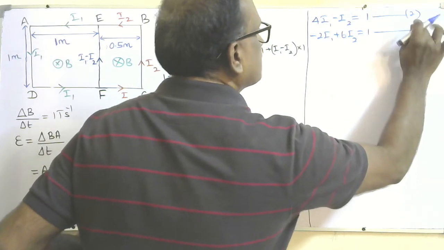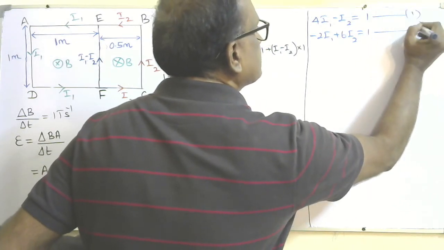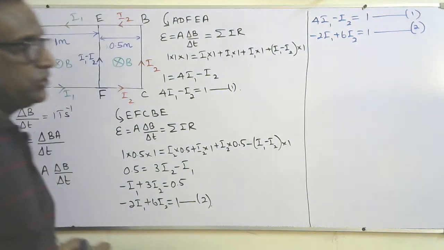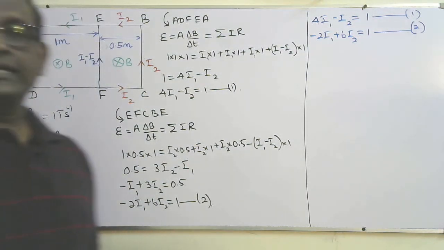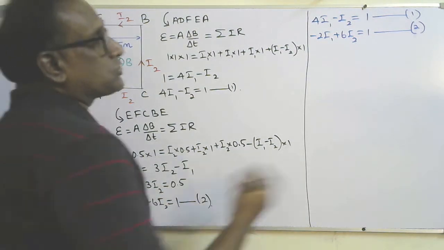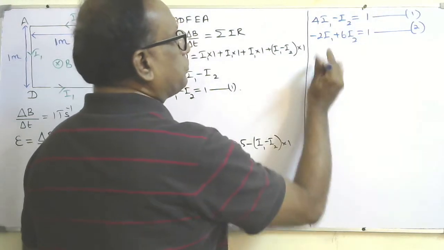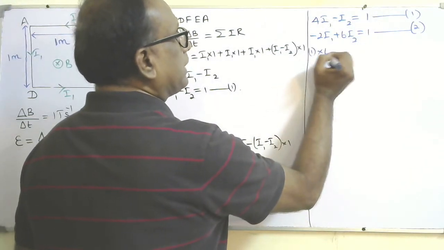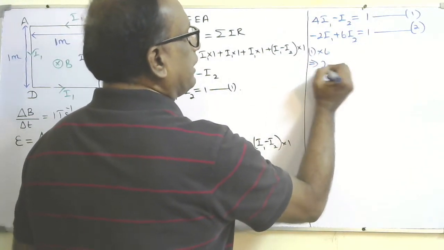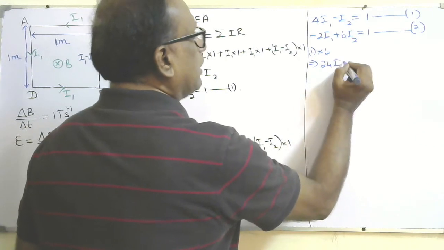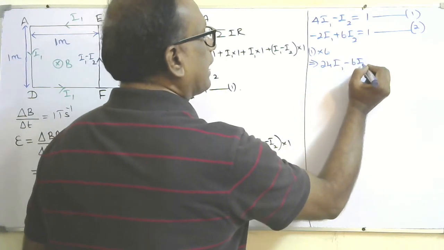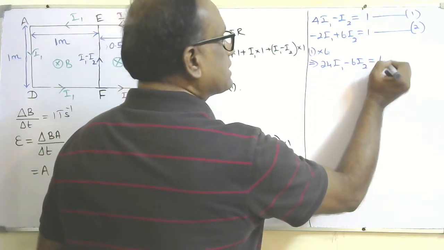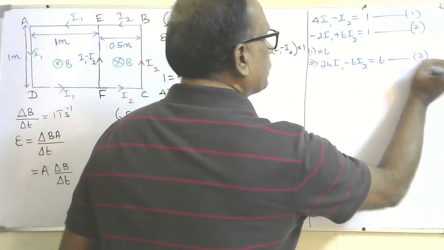This is the first equation, this is the second equation. Okay, so you know how to solve. You can solve it using a calculator or manually. To solve manually, I should multiply the first equation by 6. If I multiply, I will get 24I1 minus 6I2 equal to 6. I'll take it as the third equation.